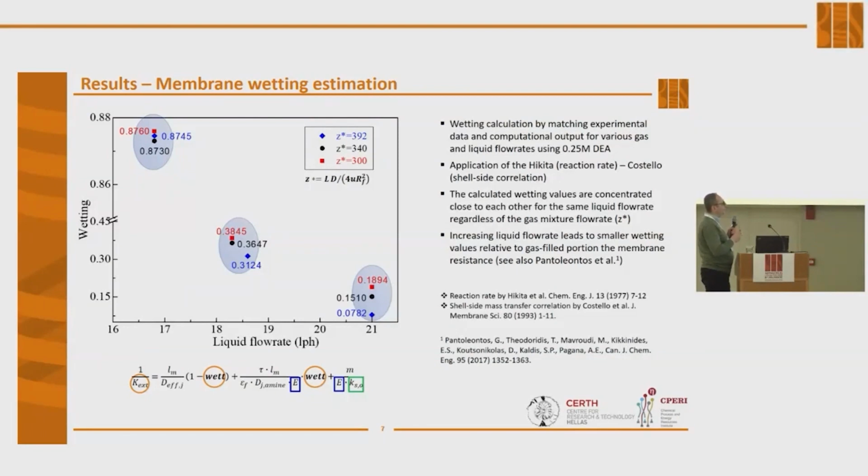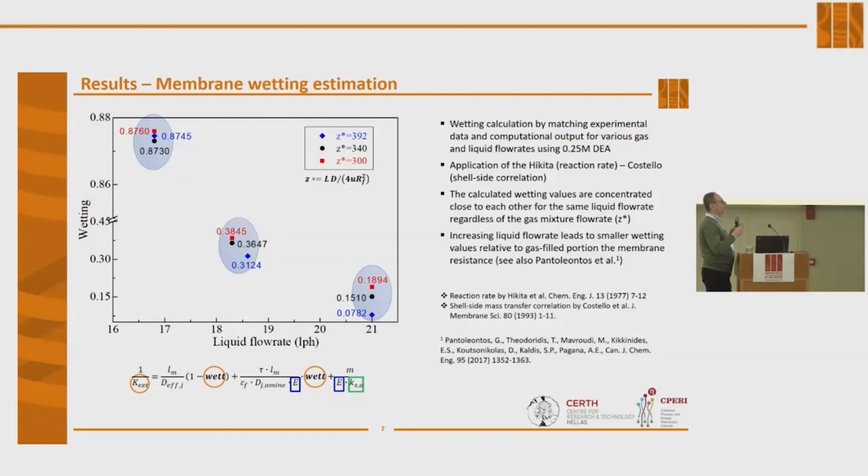The large values of the wetting may be attributed to the incorporation of the enhancement factor also in the liquid filled part of the pores. And this is what the theory says, that since we have gas-liquid contact, even in the membrane pores, we should have an enhancement to mass transfer.